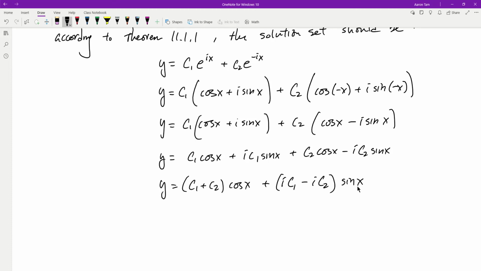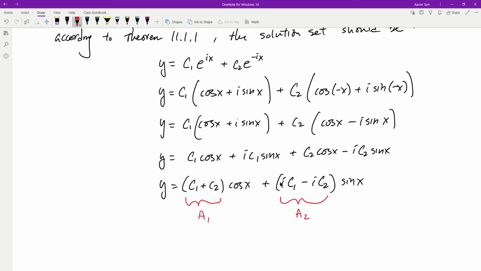So it looks to me like we have a coefficient times cosine x, plus another coefficient times sine x. In that case, why don't we rename this A1 and rename this A2? Notice here, I did not put an i next to A2, even though there is an i here. The reason is that A2 itself can be imaginary, so I don't have to specifically have an i in it.